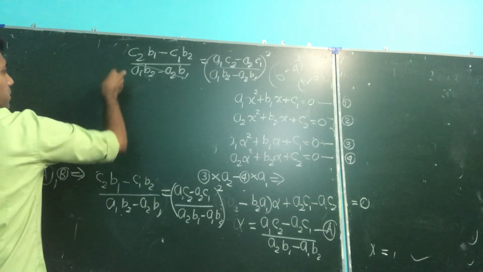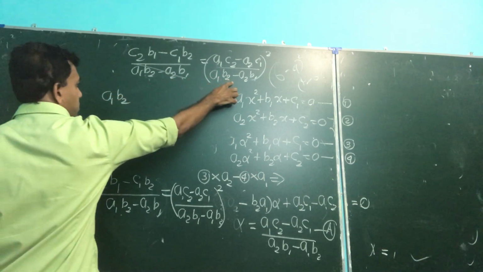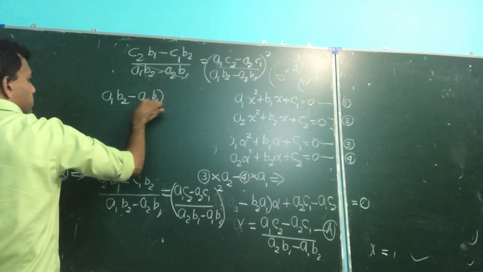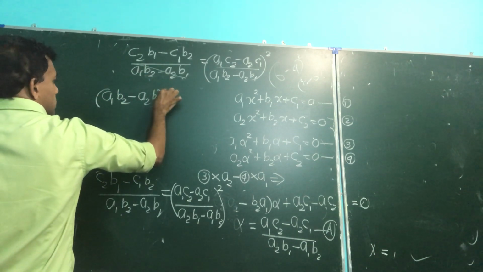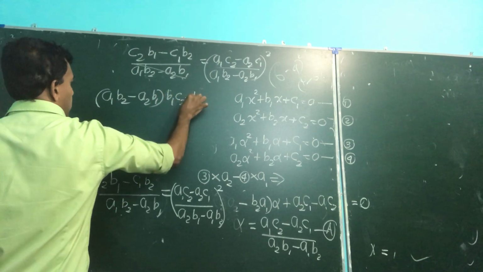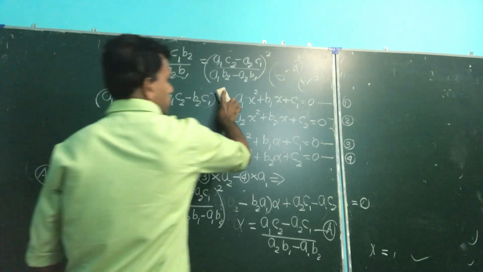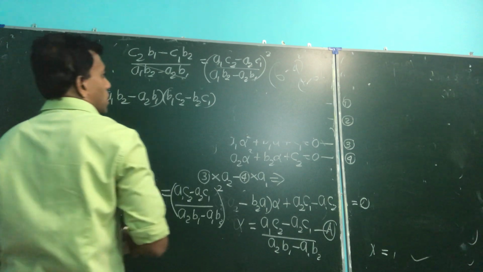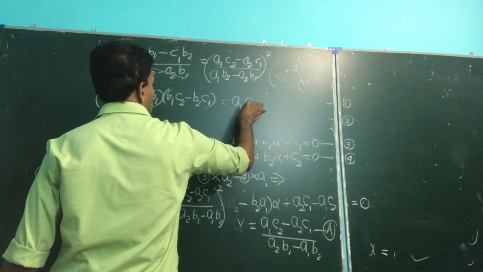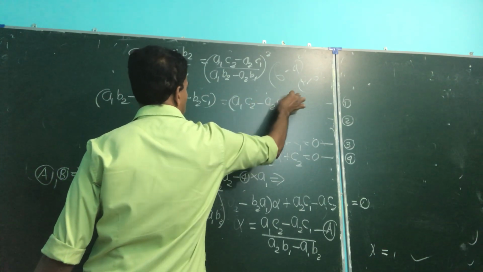Now if I cross multiply here, A1B2, here one cuts, one remains, right? Minus A2B1 into this. Say B1 first: B1C2 minus B2C1 equal to A1C2 minus A2C1 square.